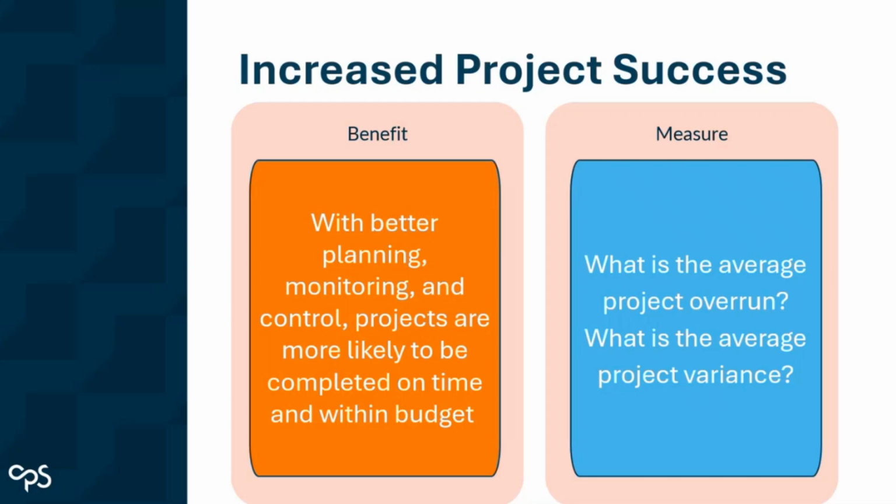If we can get that average overrun, if we can get that information, we then need to be able to say, okay, so we're going to have all of the portfolio measuring. Instead of 1, 2, 3, 10, 20, 40, 50%, we're going to change the methodology so that projects are all monitored. And therefore, we're able to say we can take some of that project variance and reduce it.